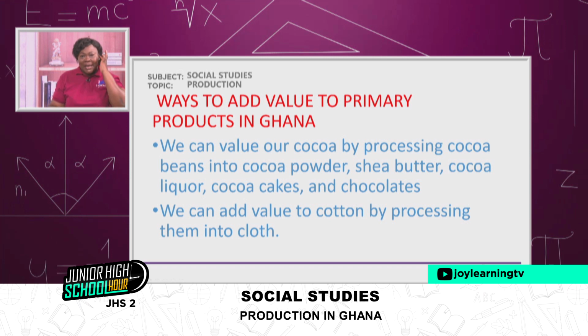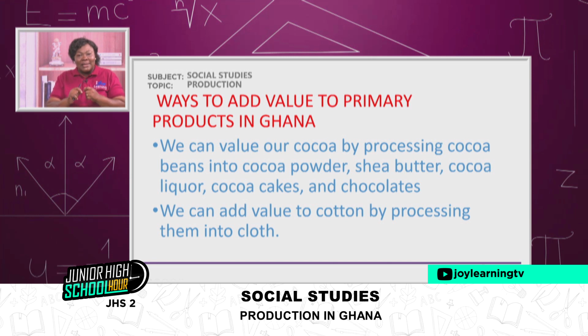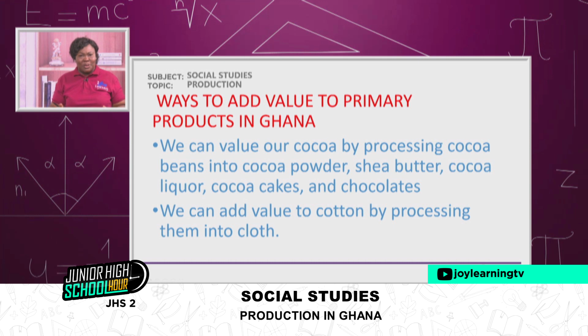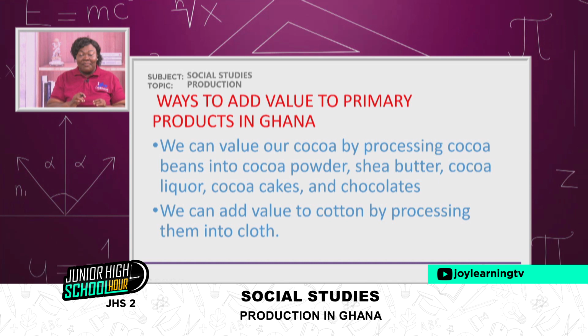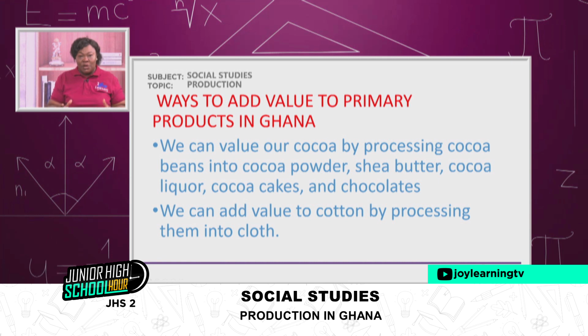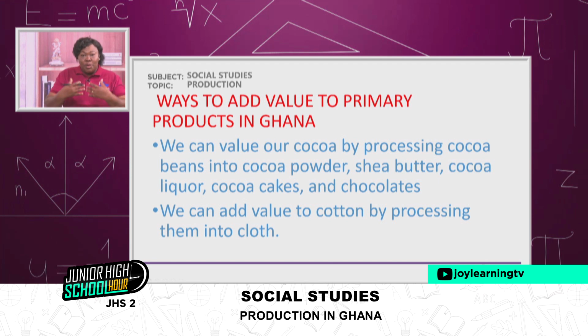So after you have done your kube toffee, then you wrap it, maybe you can add a little ribbon to it to make it attractive. So when I see it, I'll say, oh, this kube toffee, hey, this is a modern way of doing kube toffee. Or you can add vanilla or something to it so that it makes it very interesting and attractive and nice for others to buy. So when we say adding value, that's what we actually mean. It could be in the finishing, or it can be in the way you produce it.